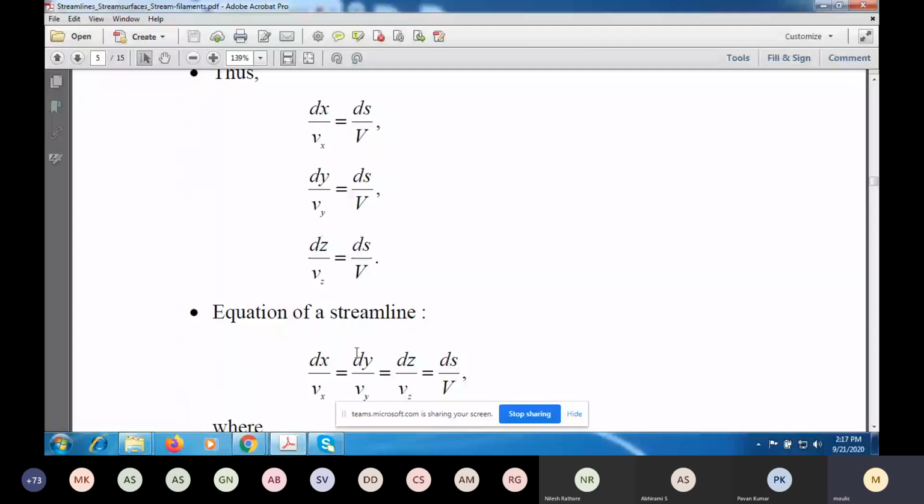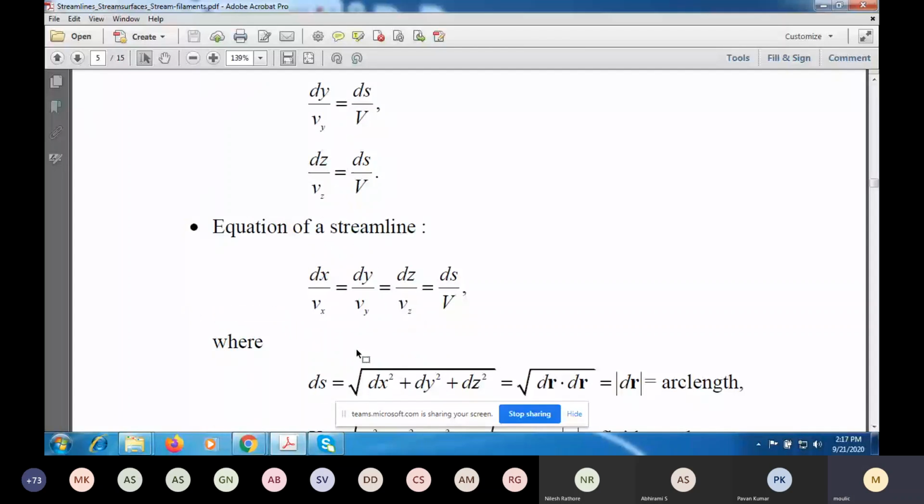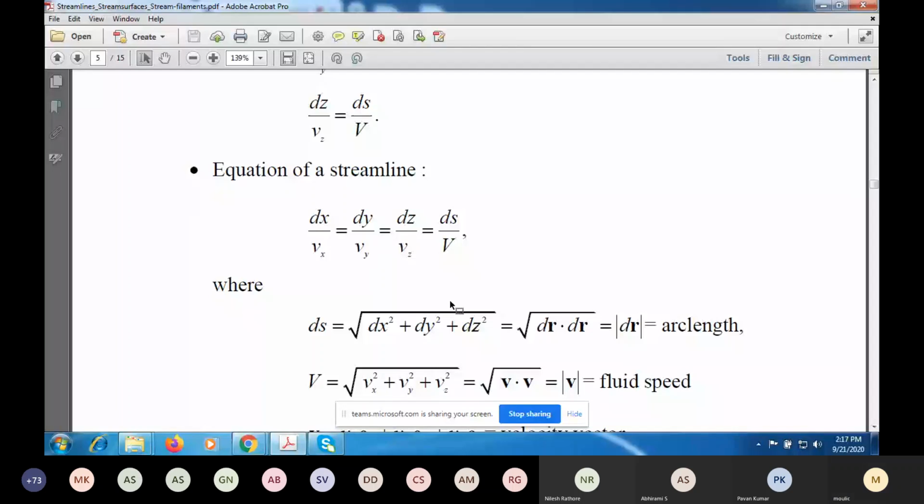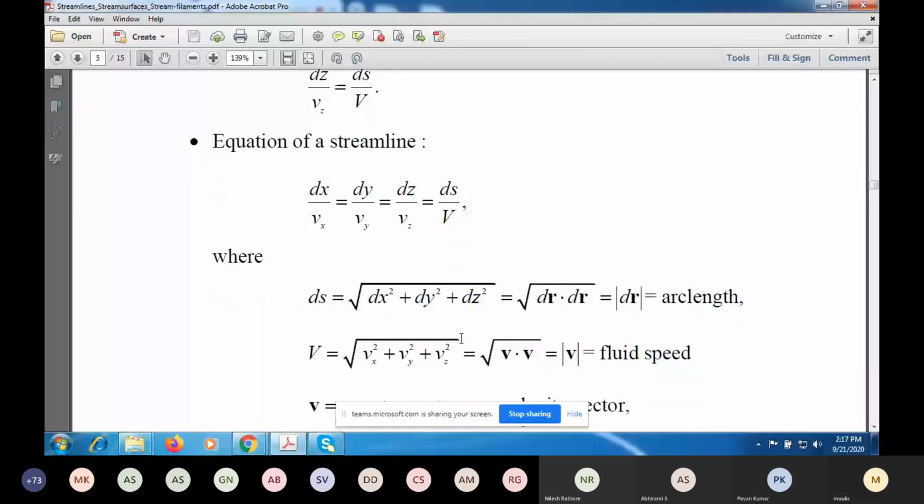So that's why you can write the equation of a streamline in this way: dx by Vx equal to dy by Vy equal to dz by Vz equal to ds by V, capital V, where ds is the increment in the arc length, so root of dx squared plus dy squared plus dz squared, and capital V is the magnitude of the velocity, which is root of Vx squared plus Vy squared plus Vz squared.